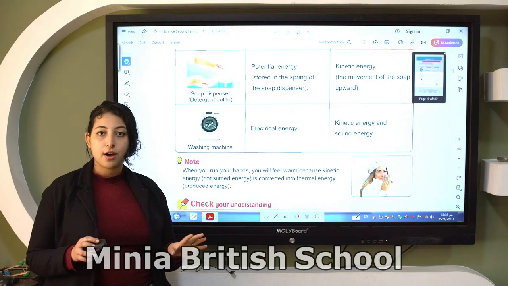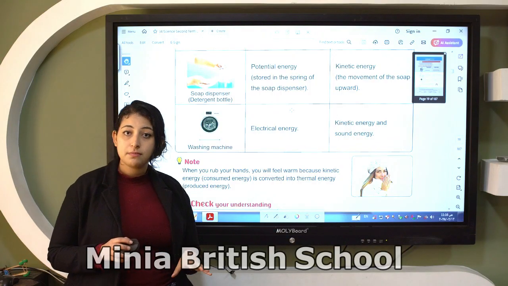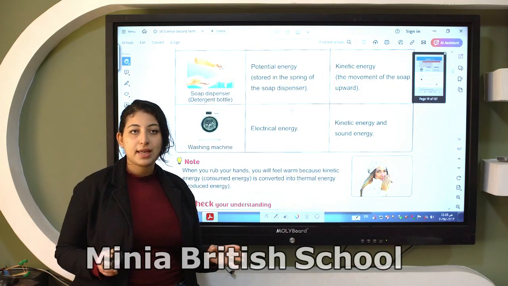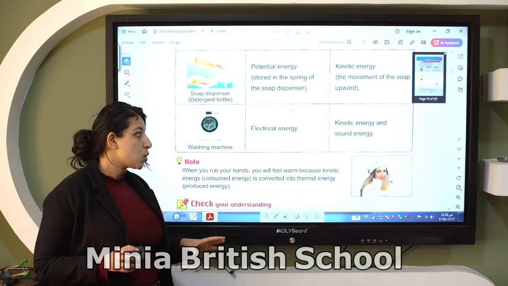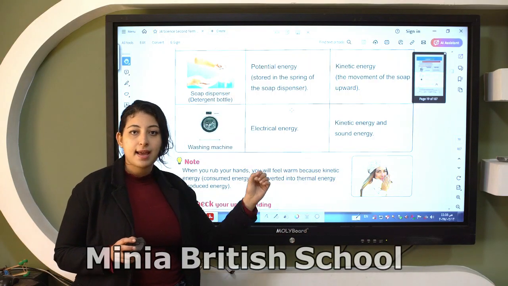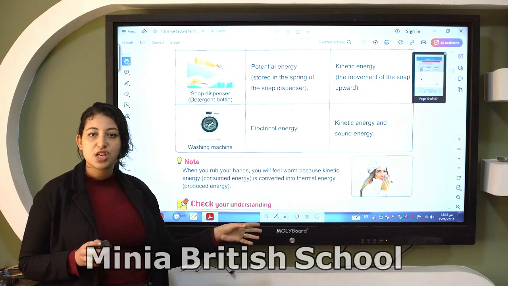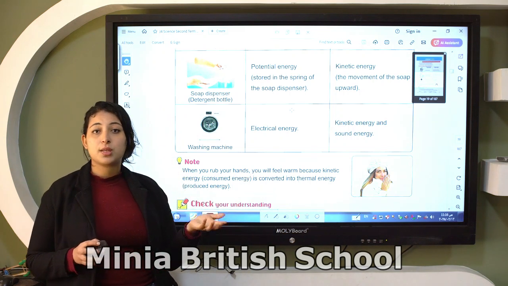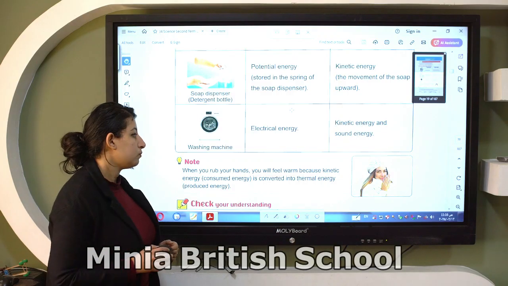Any electrical device that works a long period of time finally produces thermal energy. So sound energy and thermal energy that we hear and feel from the washing machine are wasted or lost energy that don't help the device to do its function.